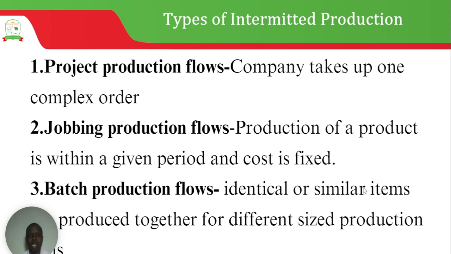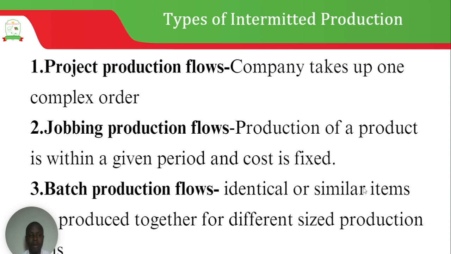When we talk about jobbing production flows, we mean production of a product is within a given period and cost is fixed. Examples are designing and implementing advertising campaigns, or auditing accounts of a large public limited company. All those are examples of jobbing production flows.